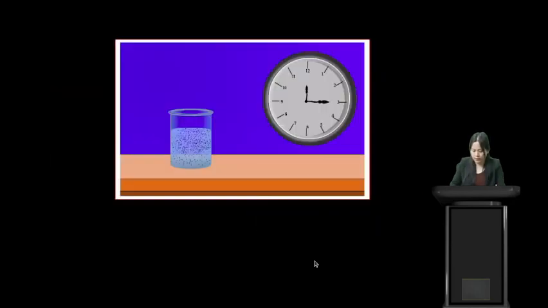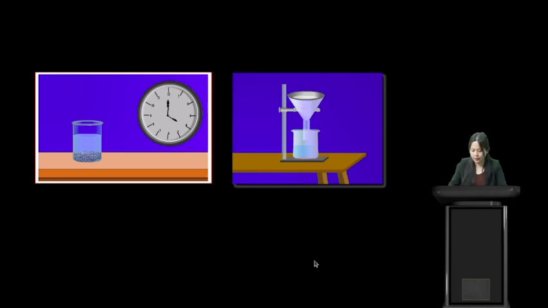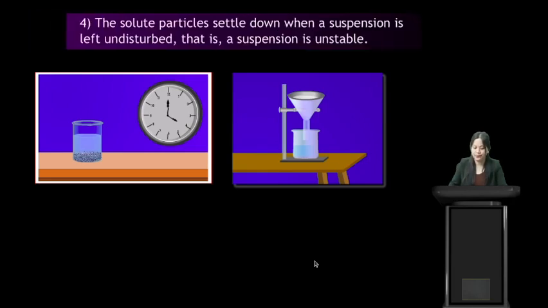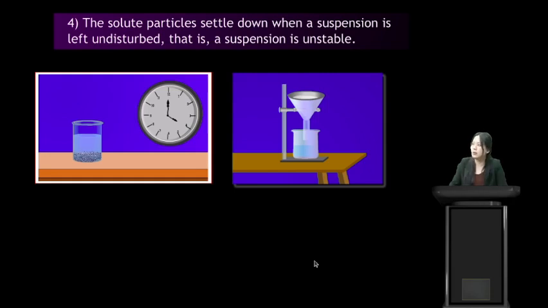Now what happens when you mix soil with water and leave it for some time? What happens to the soil particles? You will observe that they settle down at the bottom of the beaker. Can you filter out the soil particles from the water using filter paper? Yes, students. The solute particles settle down when a suspension is left undisturbed. That is, a suspension is unstable.